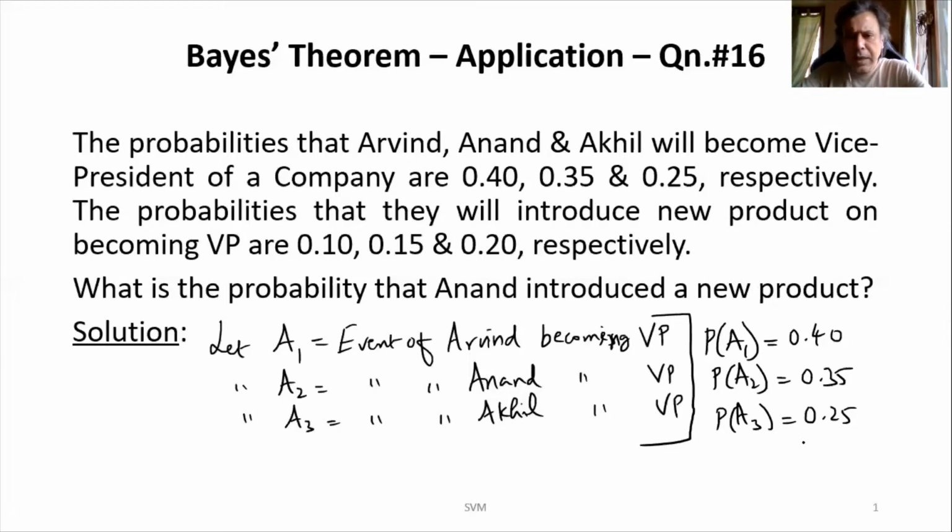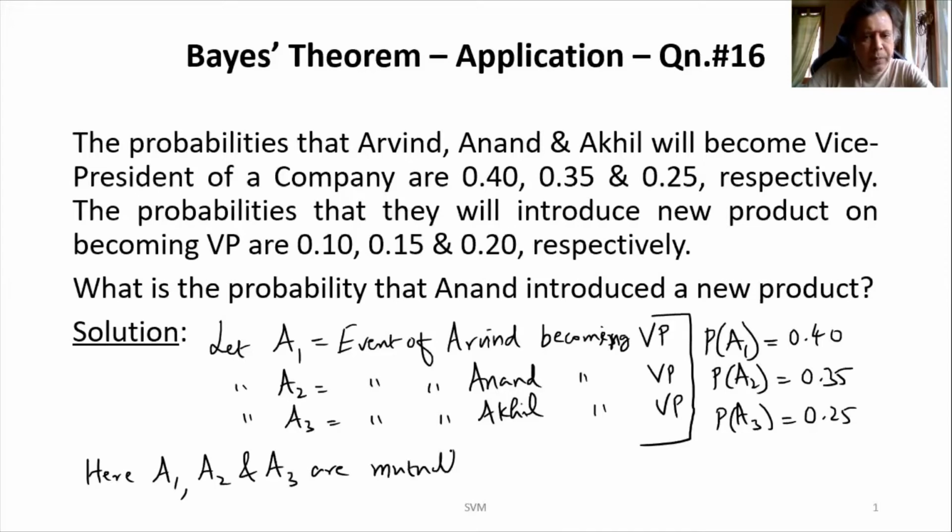And that means what? If A1 happens, it prevents A2 and A3 to happen. Or if A2 happens, it prevents A1 and A3 to happen. Similarly, if A3 happens, it prevents A1 and A2 to happen. That means I can say clearly here A1, A2 and A3 are mutually exclusive.